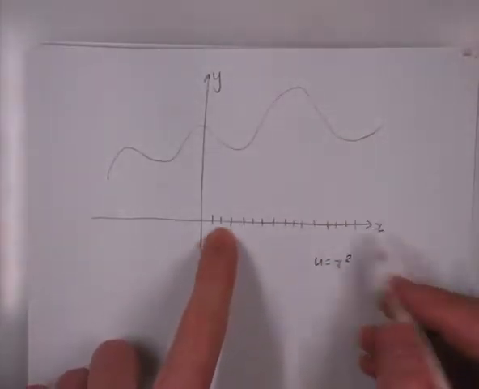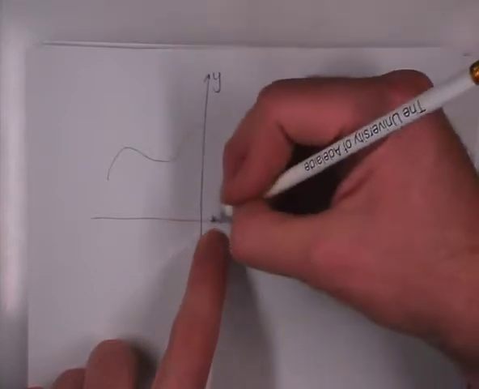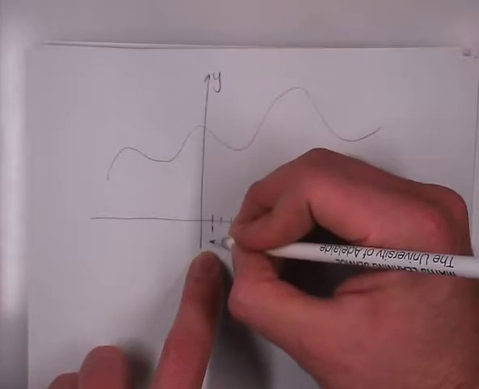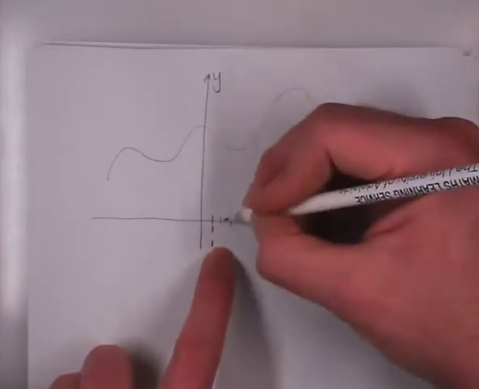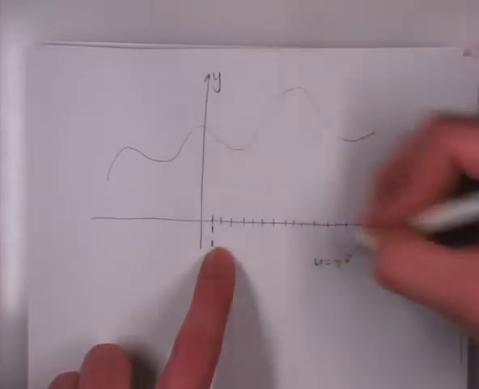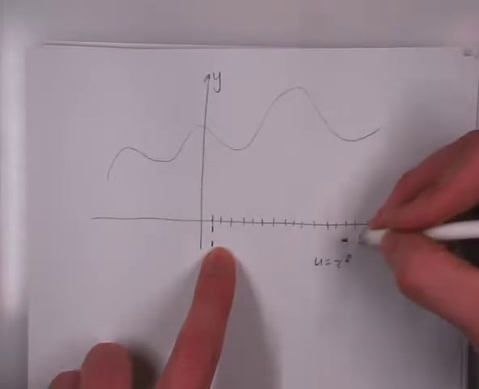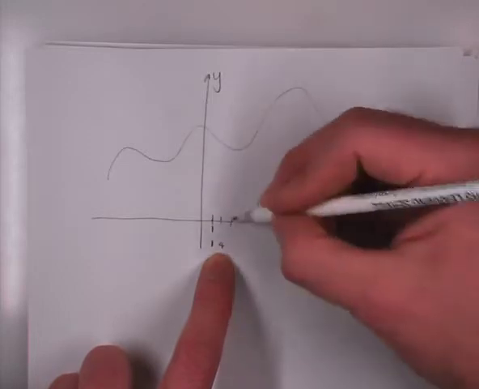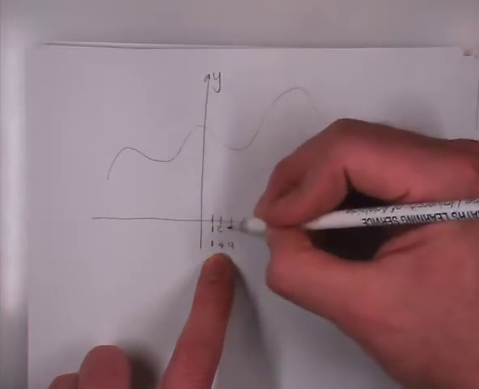Then when x is 1, u is 1 as well. So that's x equals 1, but that's u equals 1. And when x is 2, u is x squared, so u is actually 4. And when x is 3, u is actually 9.